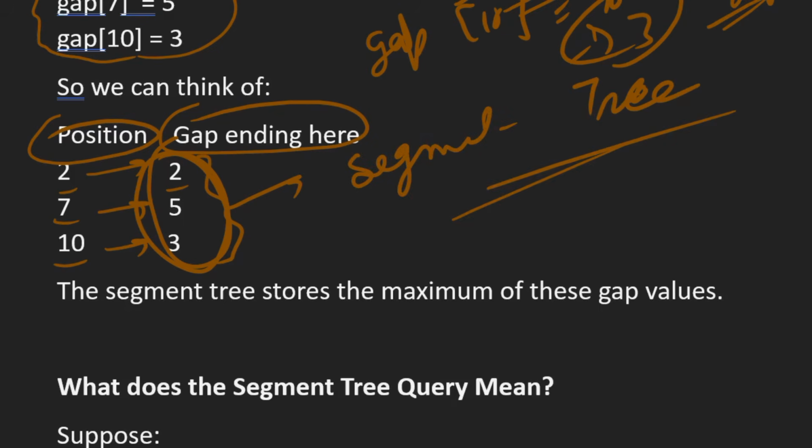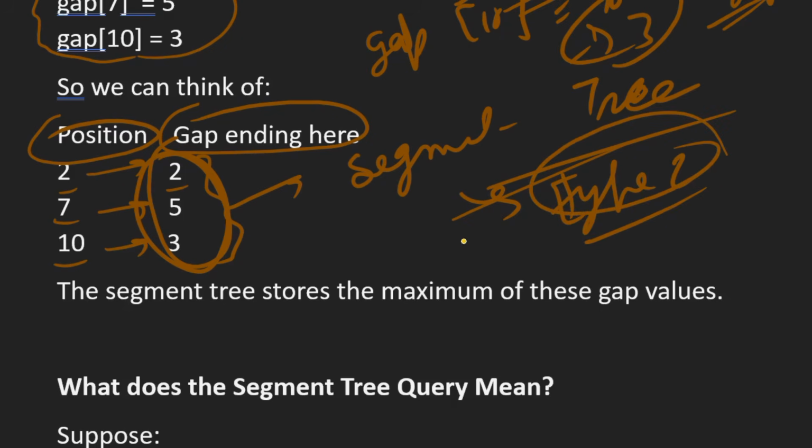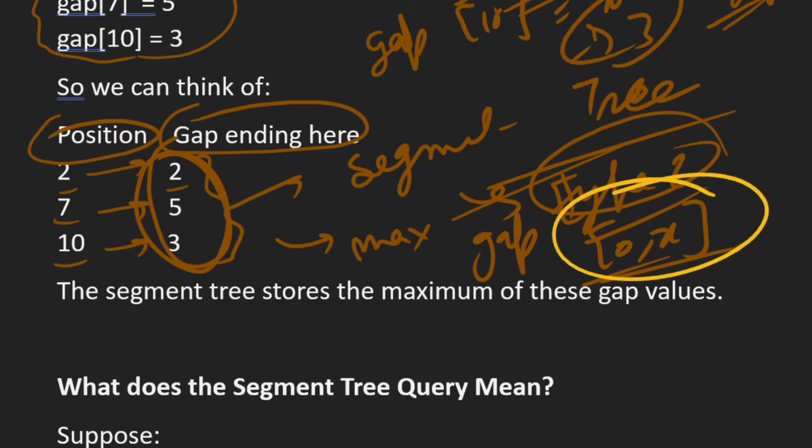right? And when we need to process a type 2 query, basically what we need to find is the maximum gap in the range 0 to x. So basically it's range updates and range queries, so that's why we'll be using a segment tree here, right?